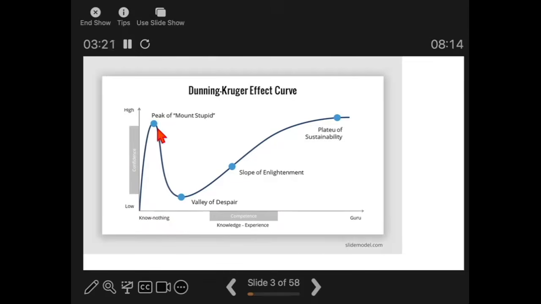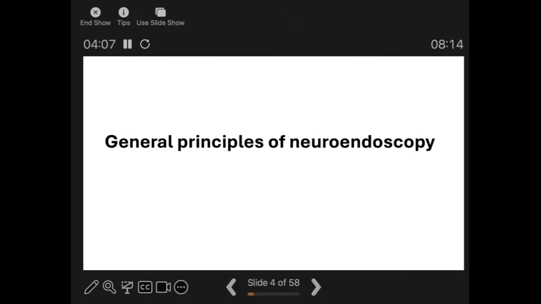Gradually when you keep learning, then you get complications, and then you realize that you know very little. Overcoming limitations will give mastery, and mentorship also guides you by giving proper feedback of how an individual person is progressing in the learning process. Let us now discuss general principles of neuroendoscopy.